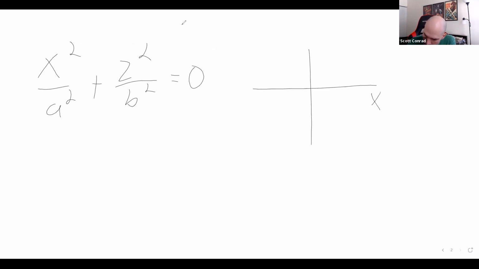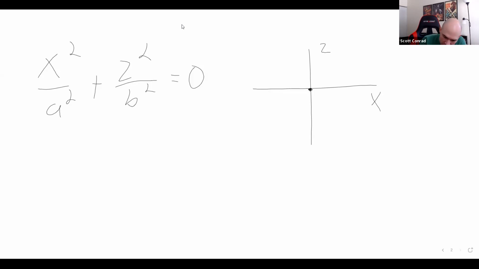So it involves x and z. We graph it in the xz plane. What point xz satisfies x squared over a squared plus z squared over b squared equals 0? What values of x and z satisfy this? They both have to be 0. So only the point 0, 0 satisfies this one. We still consider that an ellipse, but it's not super important, but it's good that you know how to graph that.